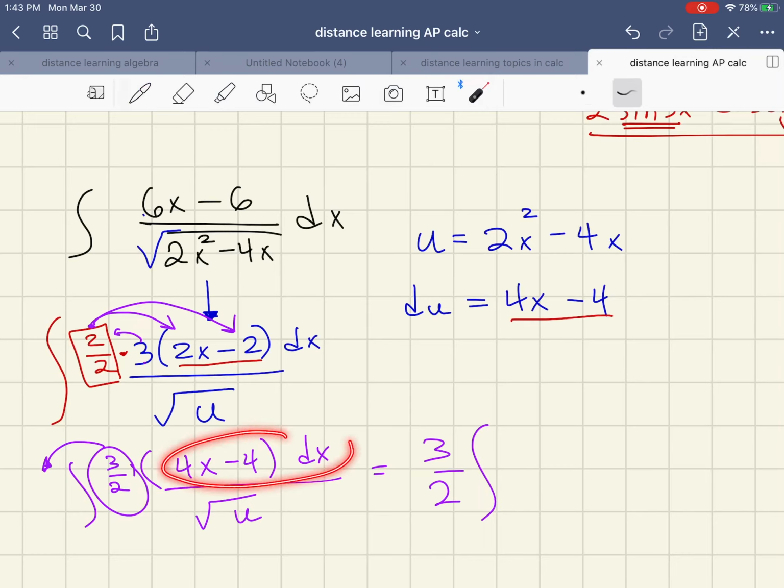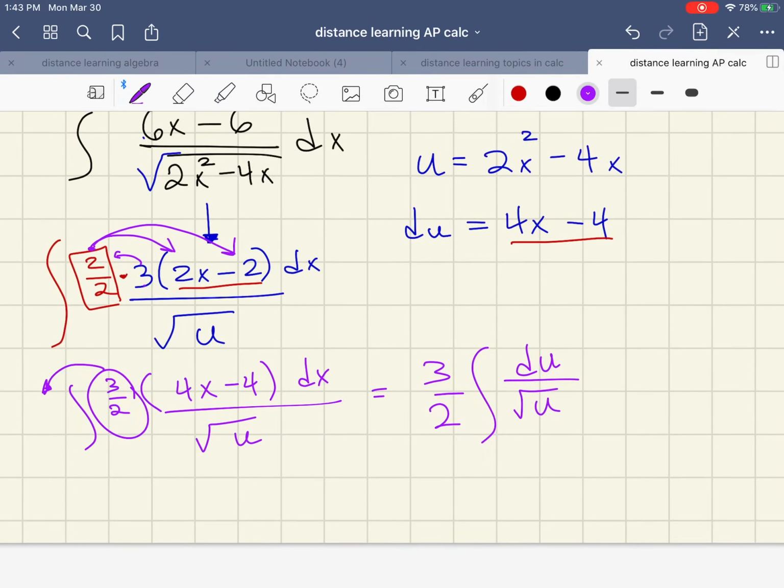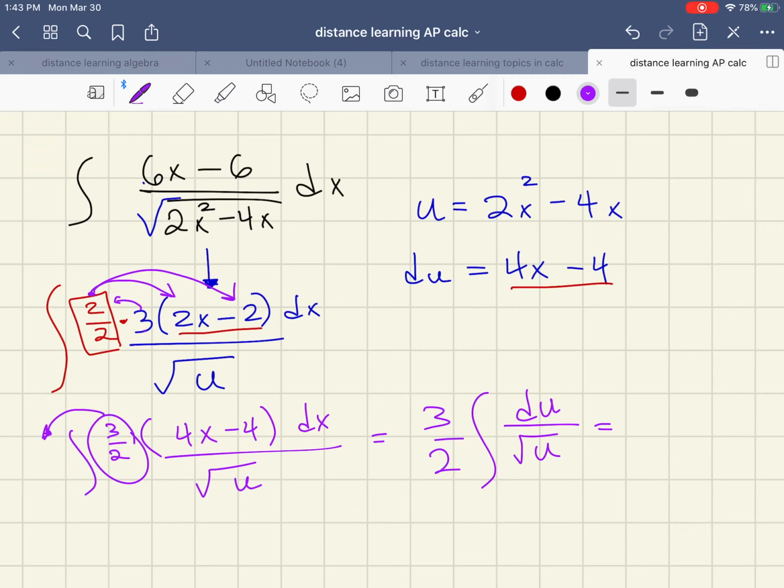Now I have my du. du over the square root of u. Which is really u to the negative 1/2 du.